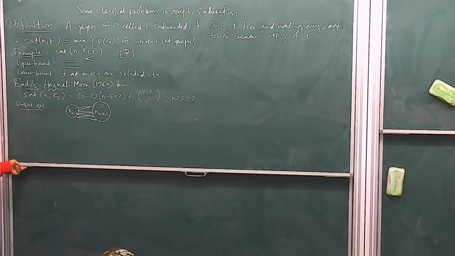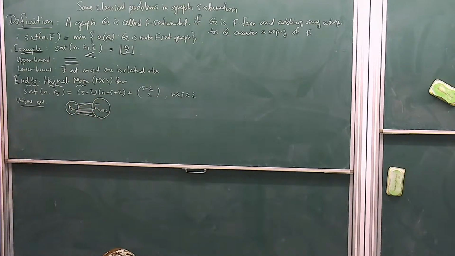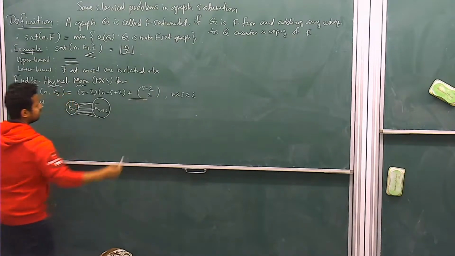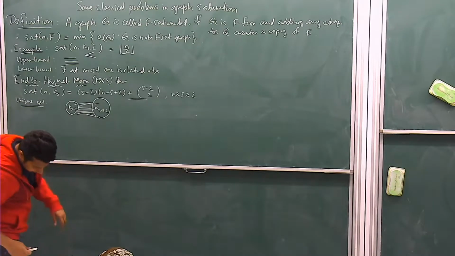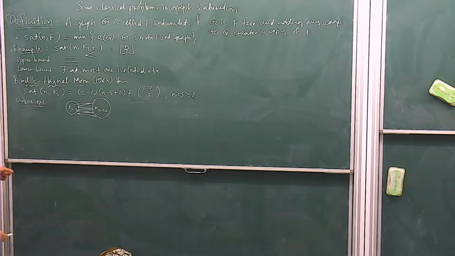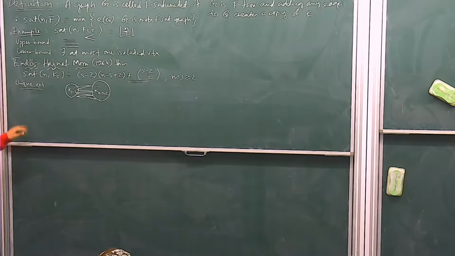You can see this is K_s saturated, because if you add any edge here then you create a copy of K_s, and the number of edges in this graph is given by this number. This was nice, and we also have a complete characterization of the extremal graph.